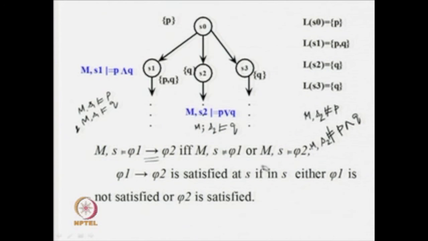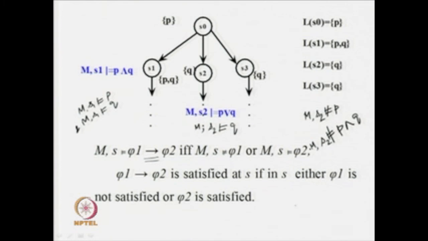So, basically we say that phi 1 implies phi 2 is satisfied if in S either phi 1 is not satisfied or phi 2 is satisfied. So, either of these two conditions.